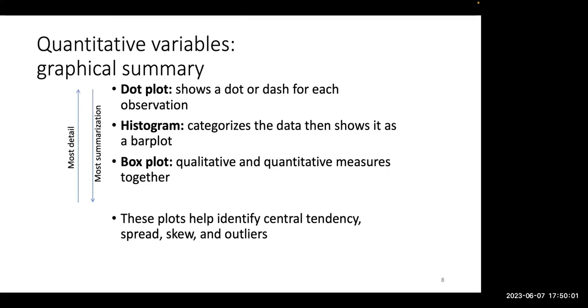We talked about dot plots, histograms, and box plots. Dot plots basically show a dot for each entry, whereas histograms categorize the data according to bins. And these bins will determine how granular your information is. So in the most smoothed, most granular format, you essentially create a function and you create a frequency polygon.